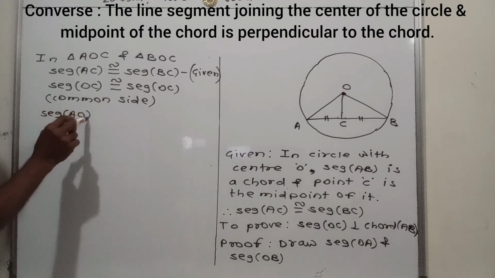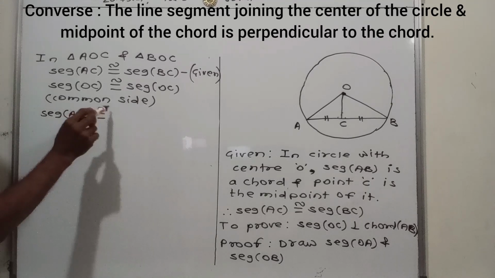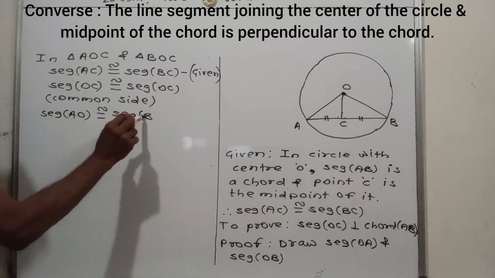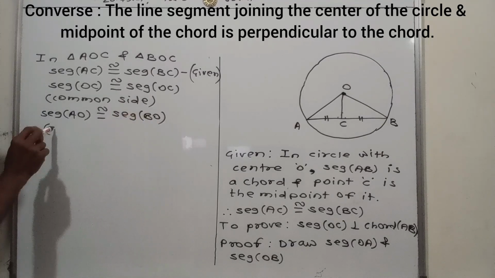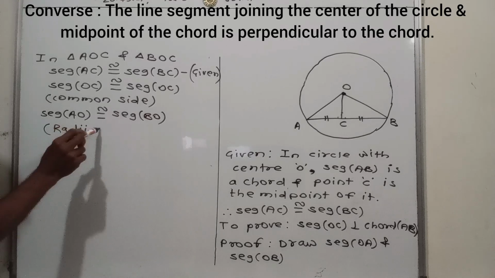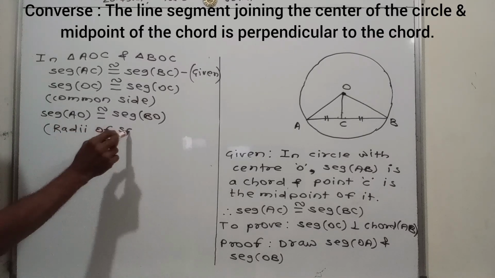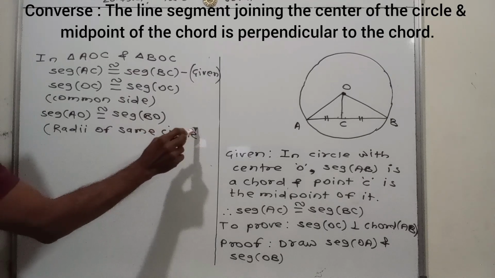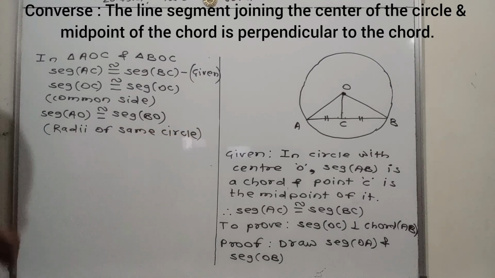Segment AO congruent to segment BO, radii of same circle. Did you get it?